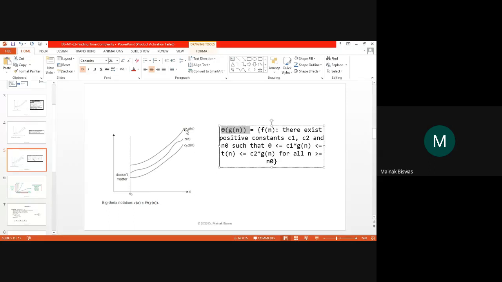So your T(n) will be between, it can be 6n, 7n, 8n, 9n, but it will never be greater than 10n. That is the worst case time complexity, not 11n or 20n. And it cannot be better than 5n, that is, it cannot be 4n, 3n, 2n like this. So that is what you can call the theta notation.